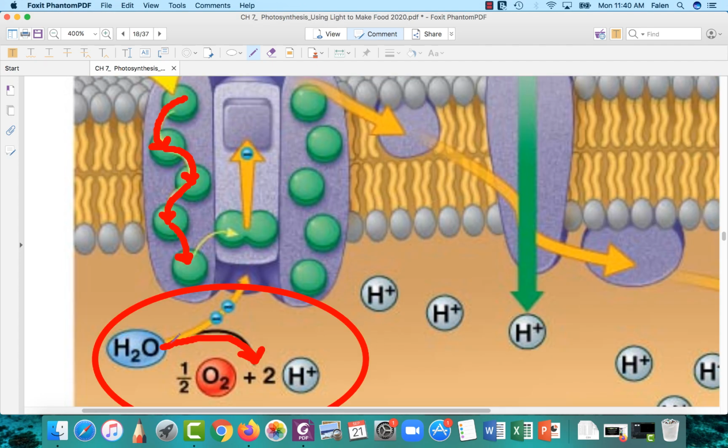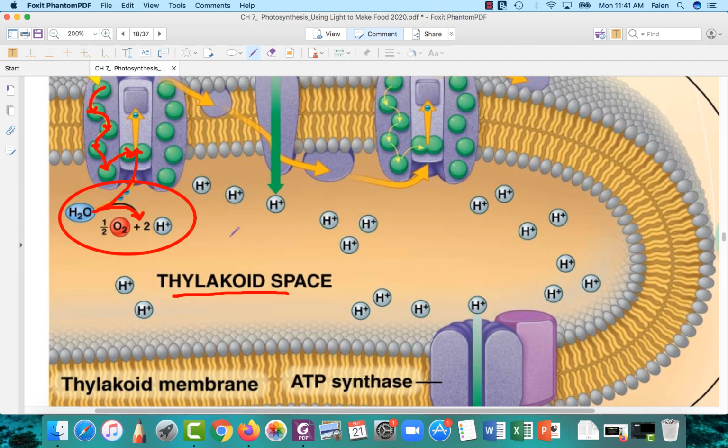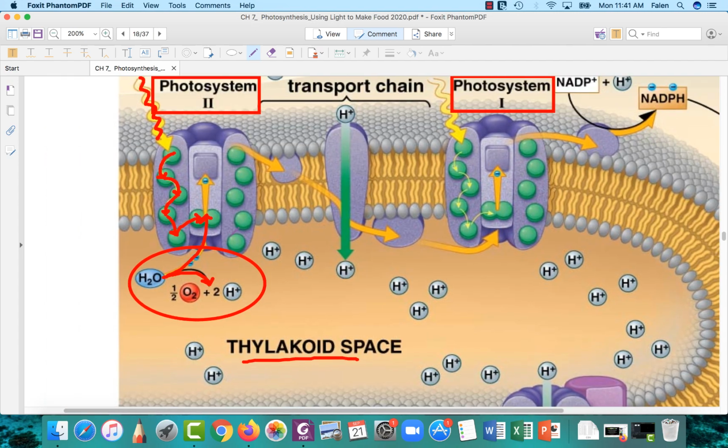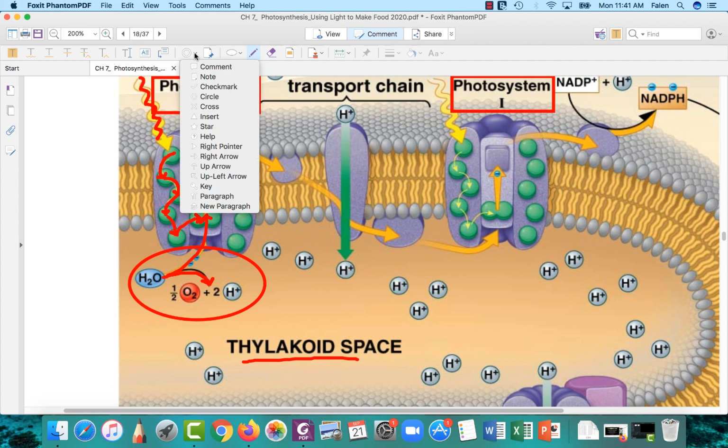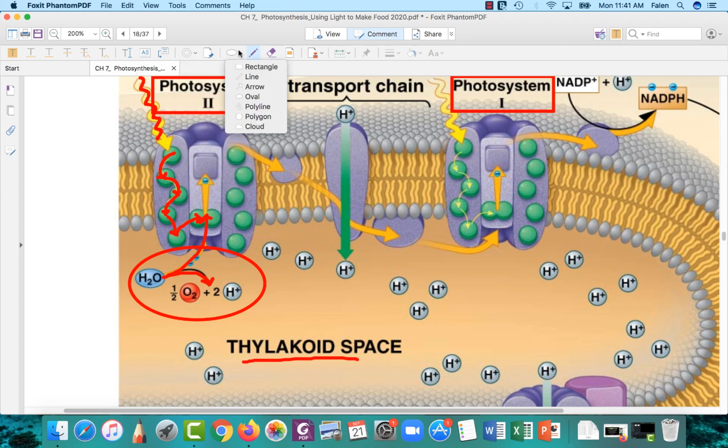And when water is split, they're going to be passed to chlorophyll A and combined with the photons of light that are coming from the sun, creating an elevated state.